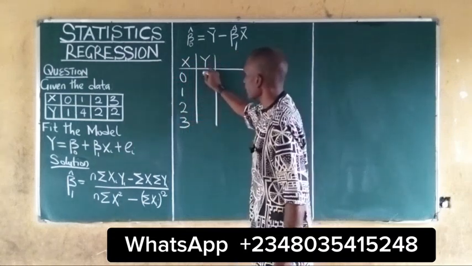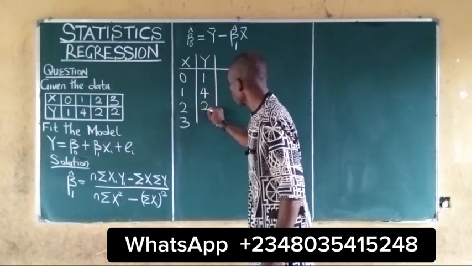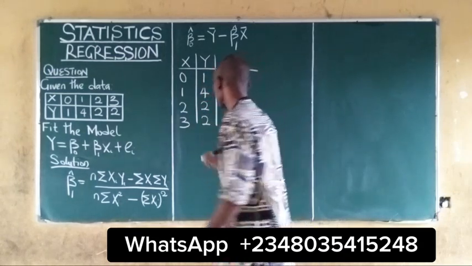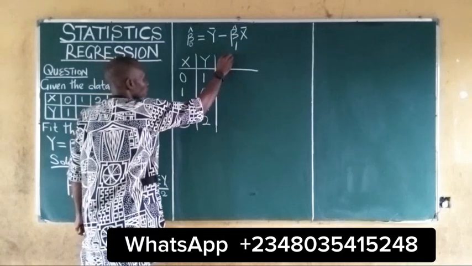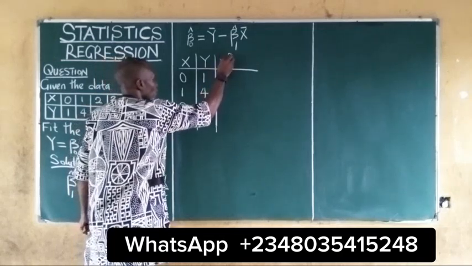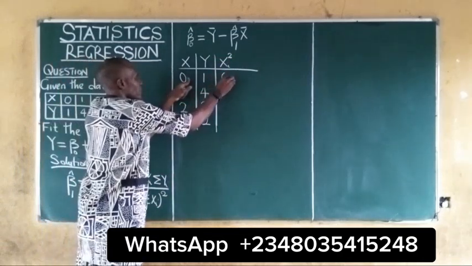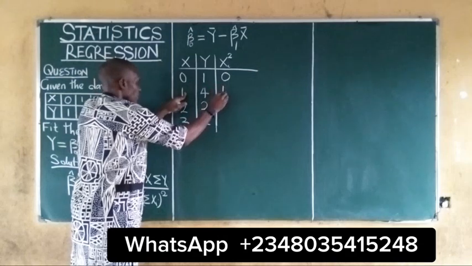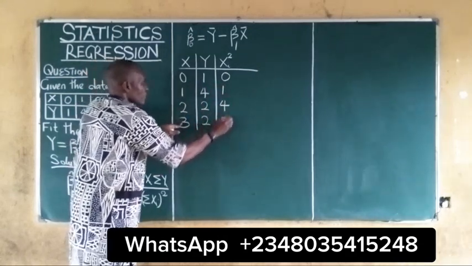We have y values as 1, 4, 2, and 2. We also calculate xi squared. The square of 0 is 0, the square of 1 is 1, the square of 2 is 4, and the square of 3 is 9.